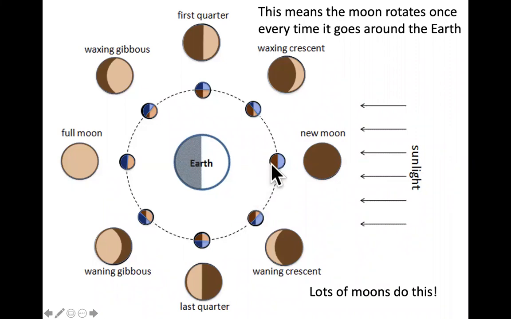It's pointing to the right here and to the left here. So the moon is rotating, but it rotates at the same rate it moves. So the rotation period of the moon is 1 month, which is also its orbit period.